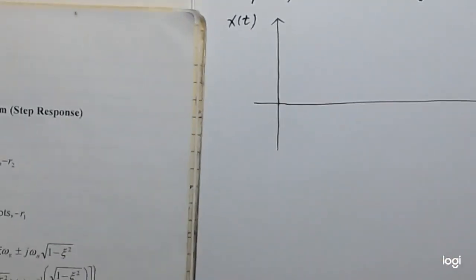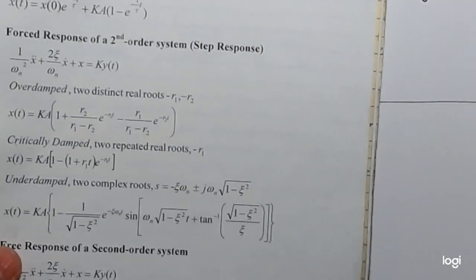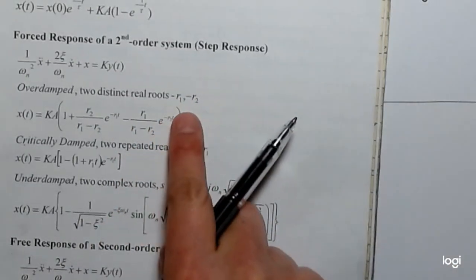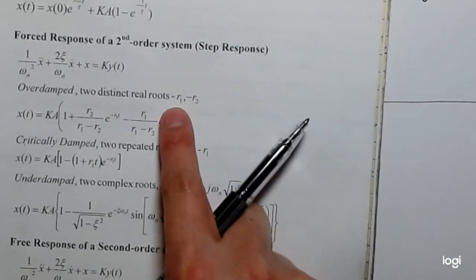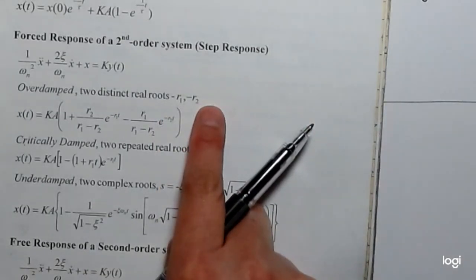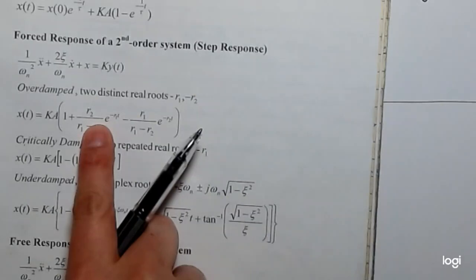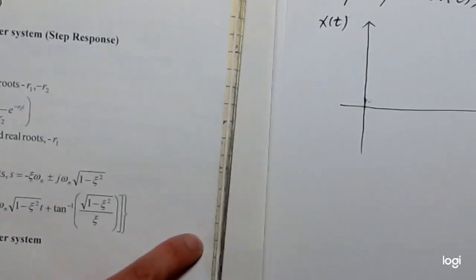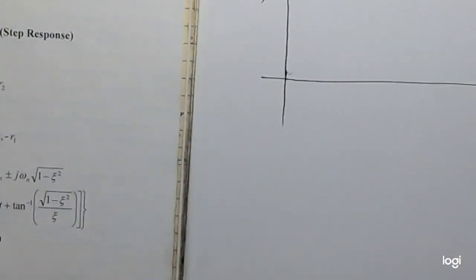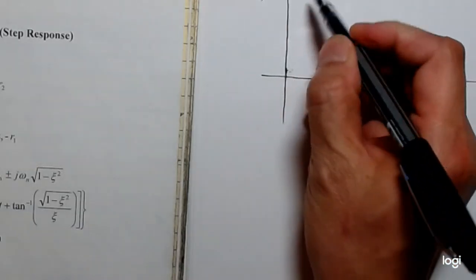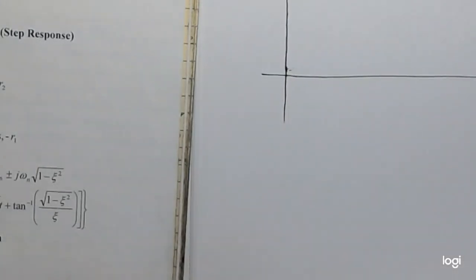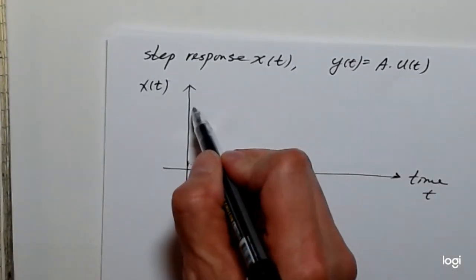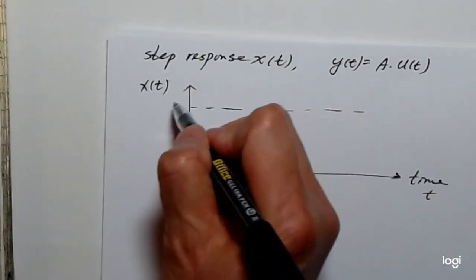When time goes to infinity, if both R1 and R2 are positive numbers, then minus R1 and minus R2 are both negative numbers. This term goes away when time goes to infinity, so you have K a. So simply I will get to this graph, K times A.